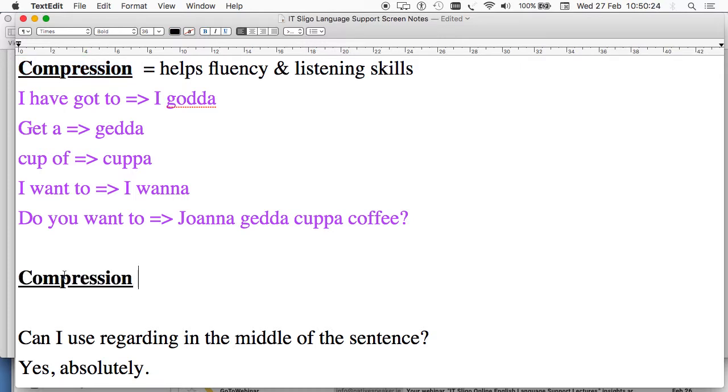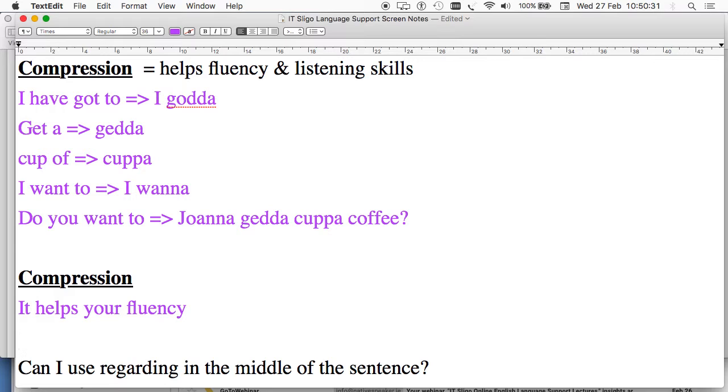Why? Because it helps your fluency and it helps your listening skills. If you start using compression, then you'll recognize it when you hear it. So your listening skills improve. And then you'll realize the speed is not the only aspect of the if you're watching TV, for example, it's not the only aspect that can be a problem. So it helps your listening skills as well.